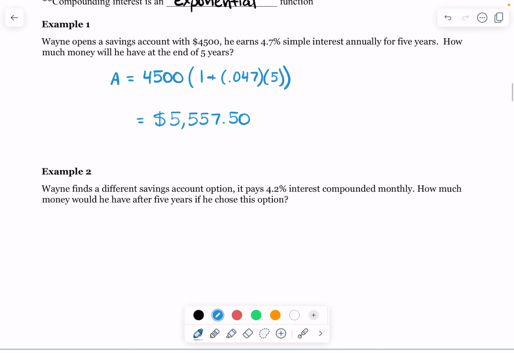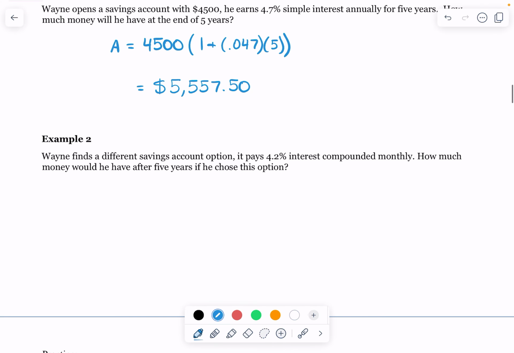Okay, in example 2, let's go ahead and look at it with the monthly compounding instead. We can see in this one that the interest rate is lower, so I would expect it'll be harder for it to grow. But since it compounds monthly, that will help it at least grow at least somewhat better.